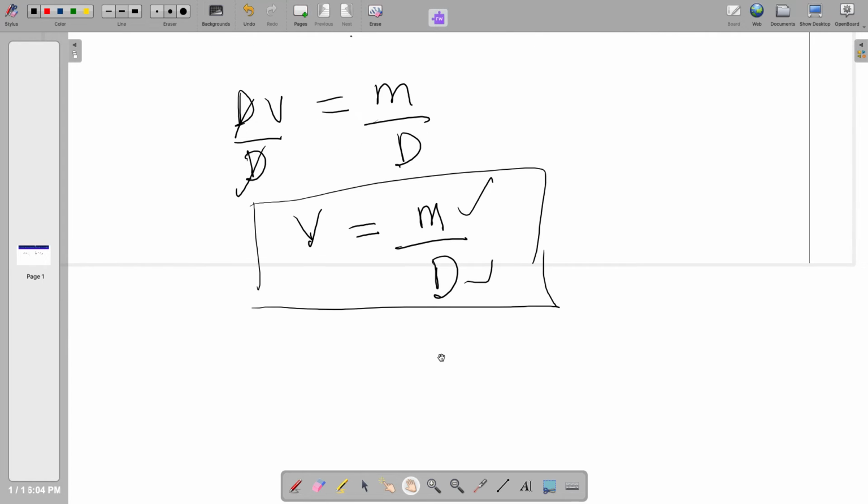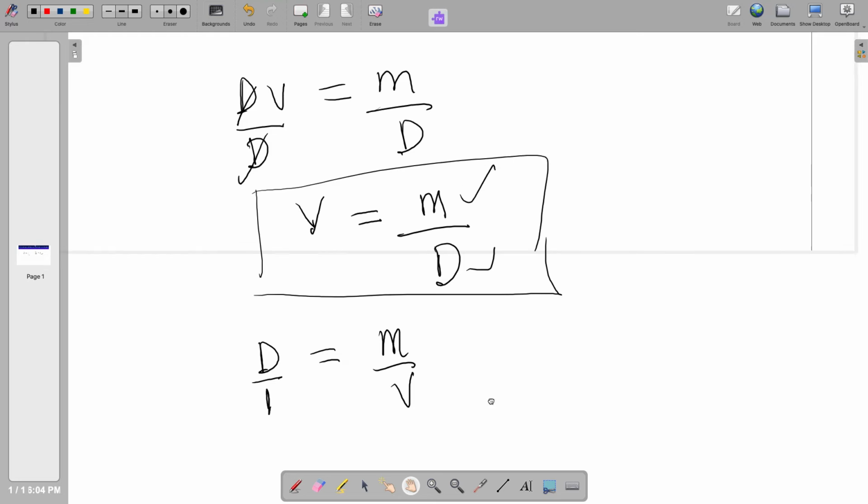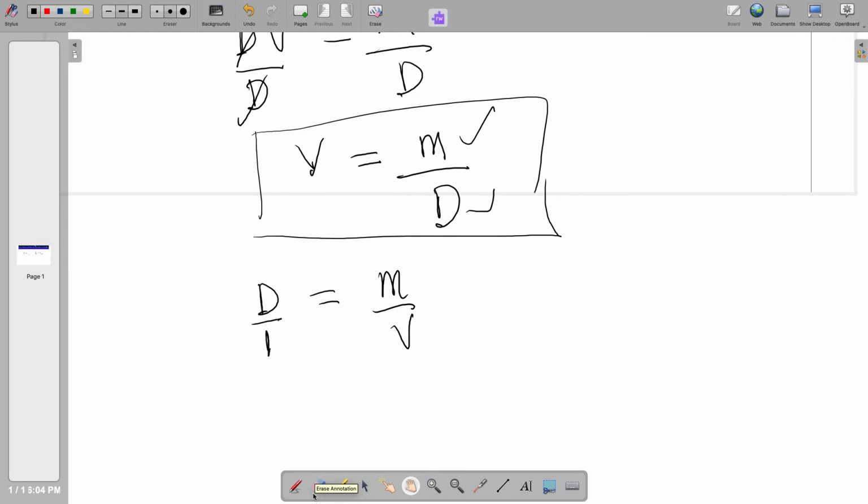Now we can also isolate mass with respect to volume and density. We know, again, our density is given as D equal to mass over V. And remember, D is on top here, so D standing on top, and the bottom of it, the denominator, is 1. So we'll say our density is equal to M over V. But we want to isolate this equation with respect to mass.